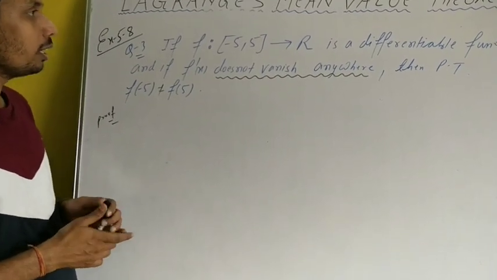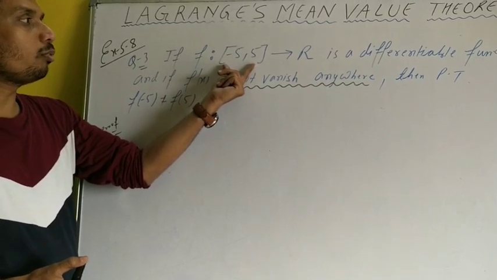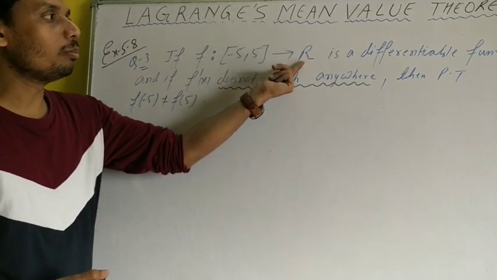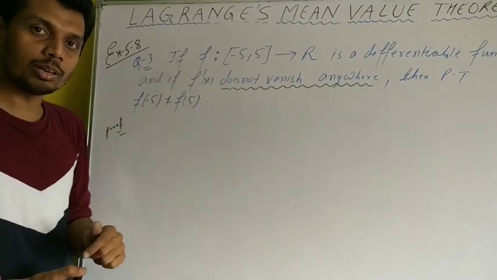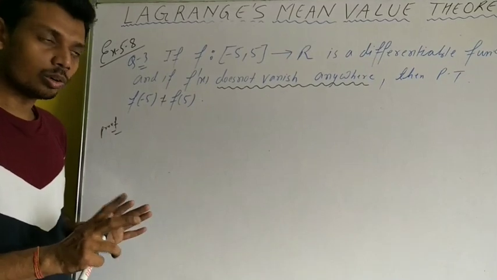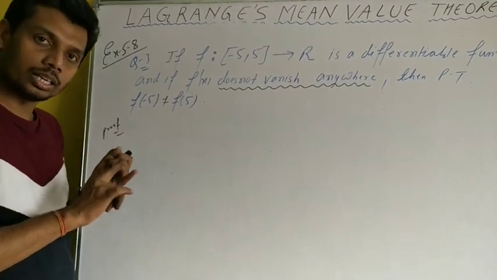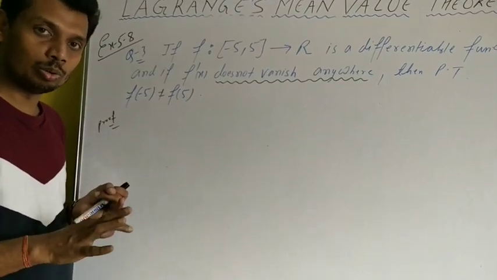What is given here is that f from the closed interval -5 to 5 to the set of real numbers is a differentiable function, hence it is definitely continuous also. So the given function is continuous and differentiable, both known to us.